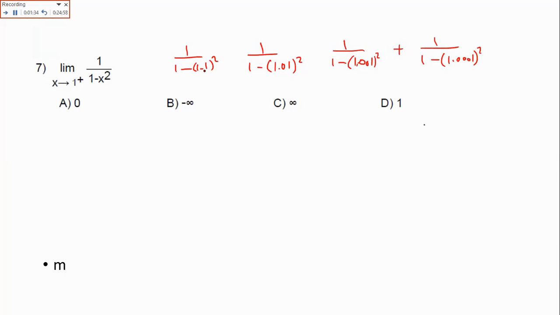Now, if you do the math, you can see what we're going to get.